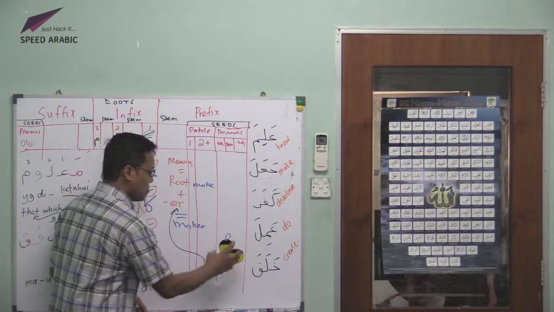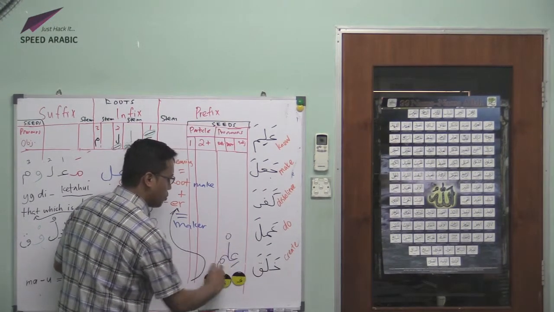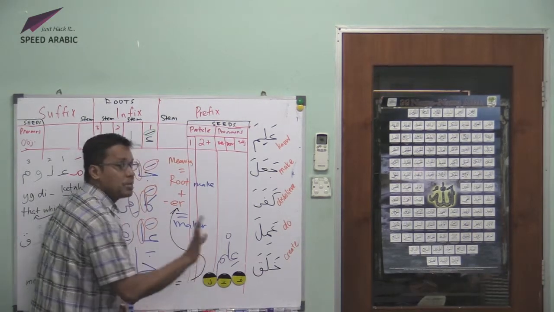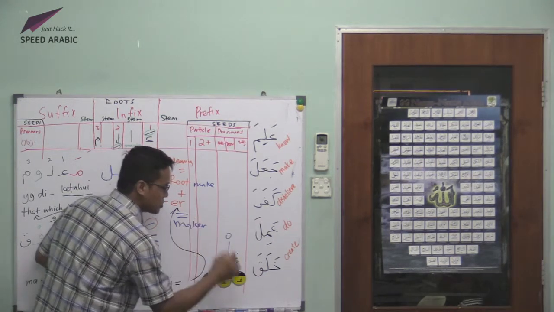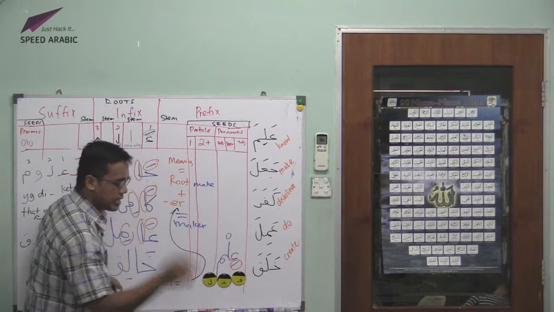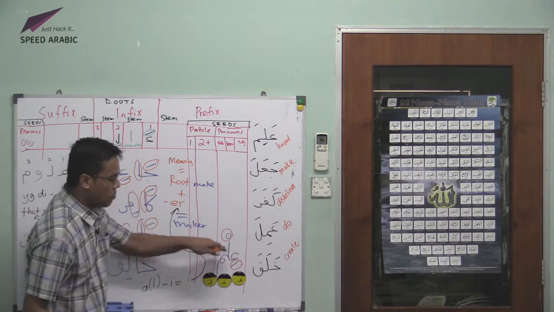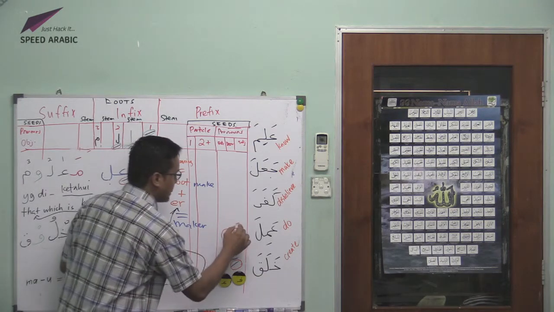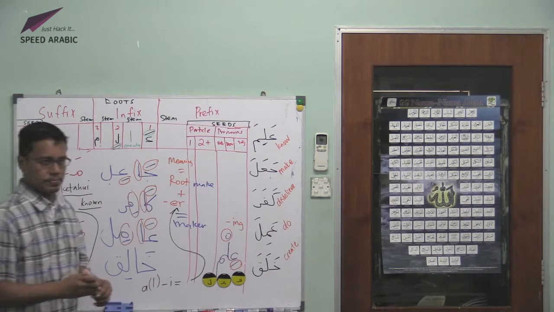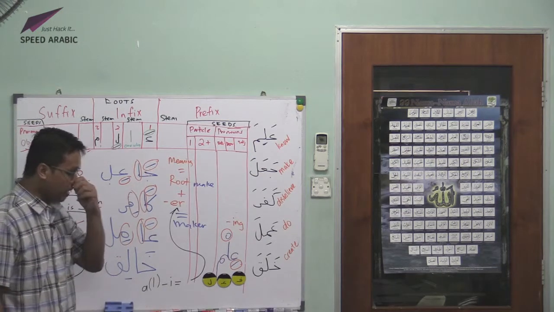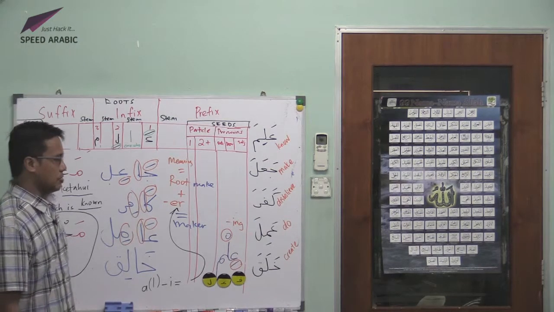So this form, if we don't use this fa'ala, we can also say that this form is just about the first root has a kasra and the second root has a sukun. Whenever this form happens, it means at the end you have ing.